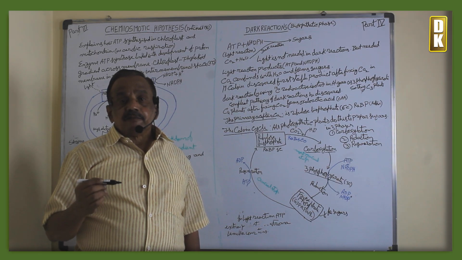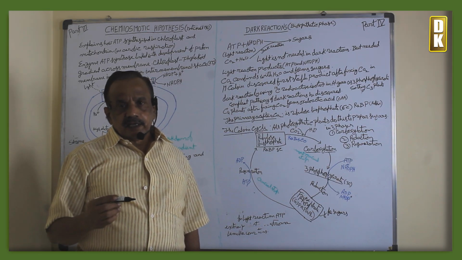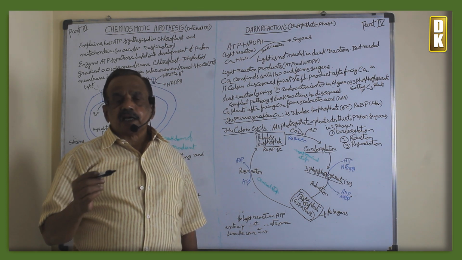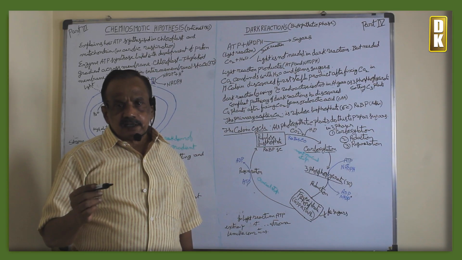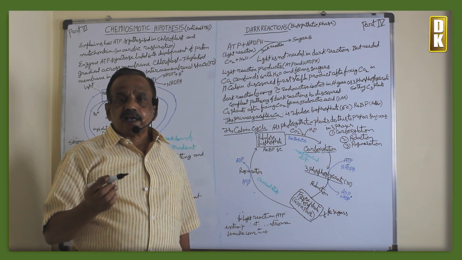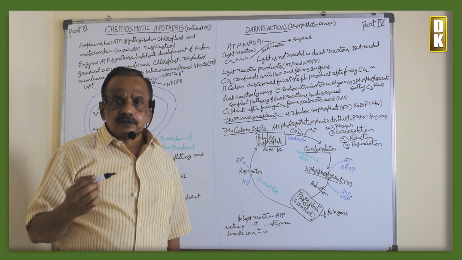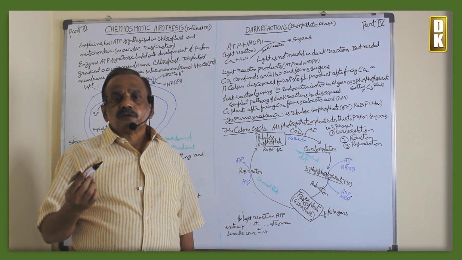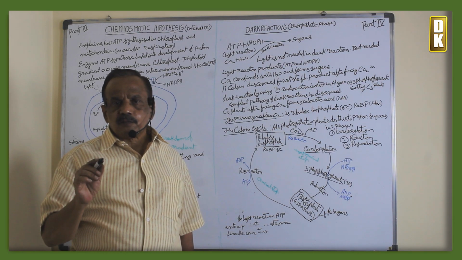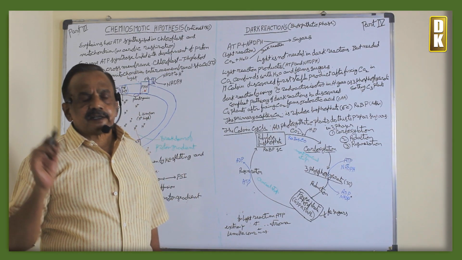Up to that time, scientists thought the first stable compound is the 3 carbon compound, phosphoglyceric acid, so the primary carbon dioxide acceptor might be a 2 carbon compound. They were trying to find out, but all of a sudden they came to know it is not a 2 carbon compound, it is a 5 carbon compound, that is RuBP, ribulose bisphosphate.